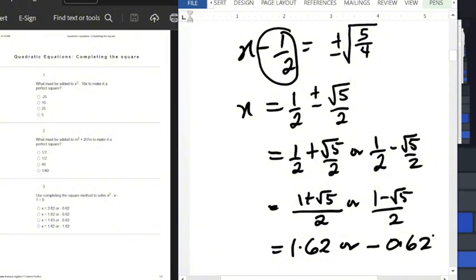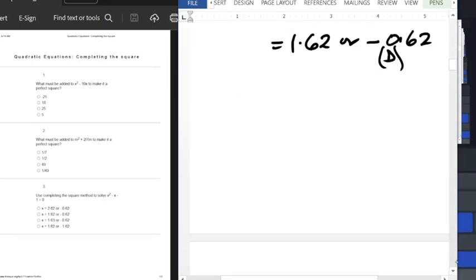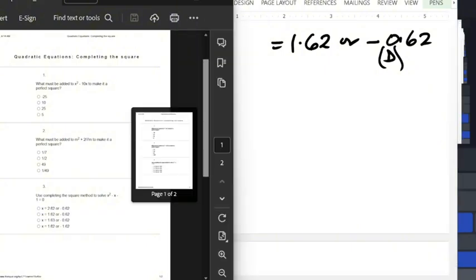That is 1.62 or minus 0.62, and that is option D. Option D. I hope that is very clear. So that's option D. Question number 4.